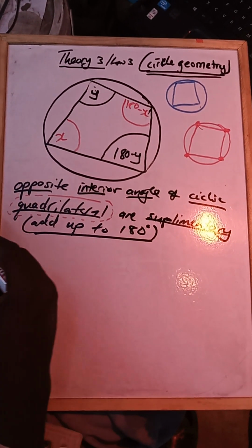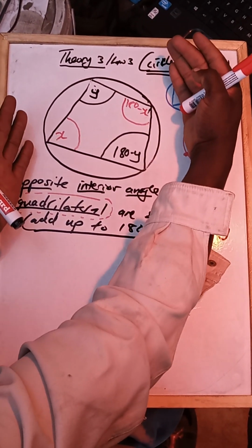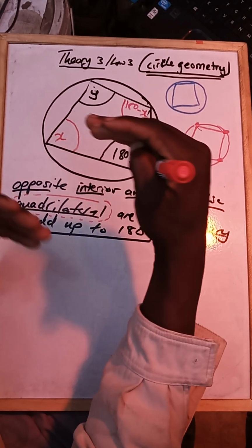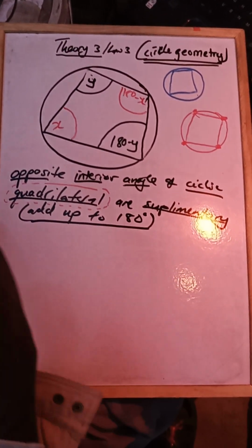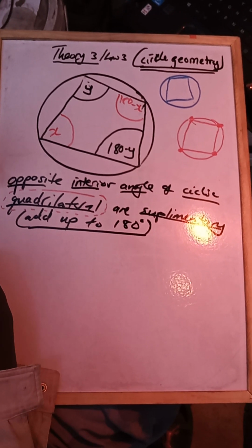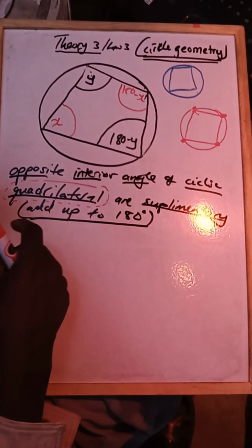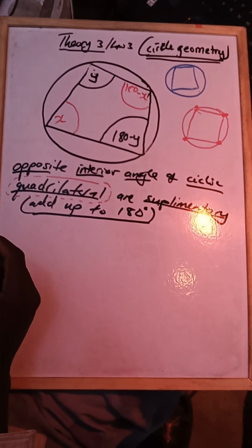So we said opposite interior angles of a cyclic quadrilateral are supplementary. They add up to 180, which means we subtract the value of the given angle to get the opposite angle. That's how it goes.